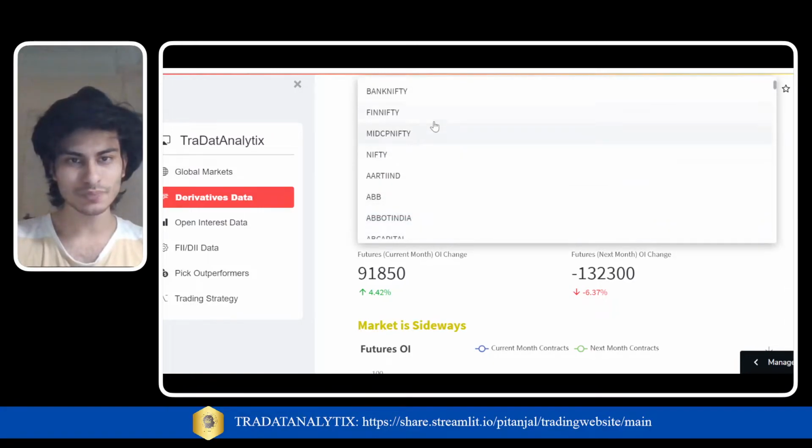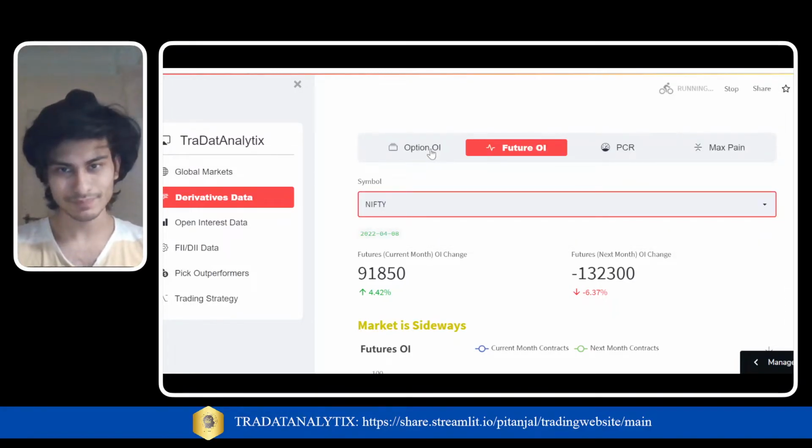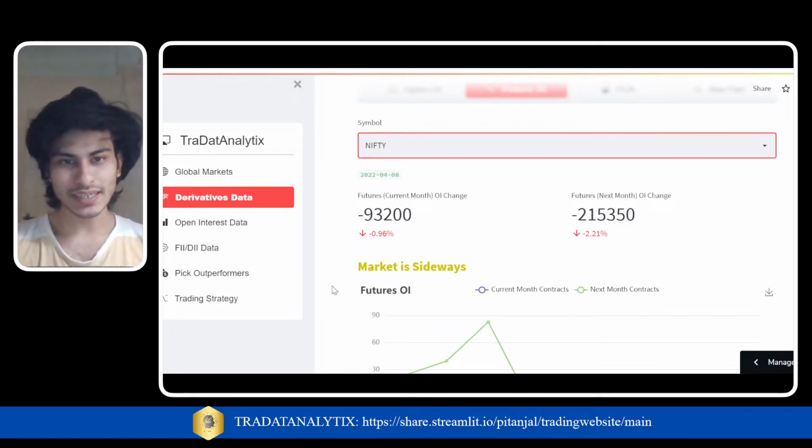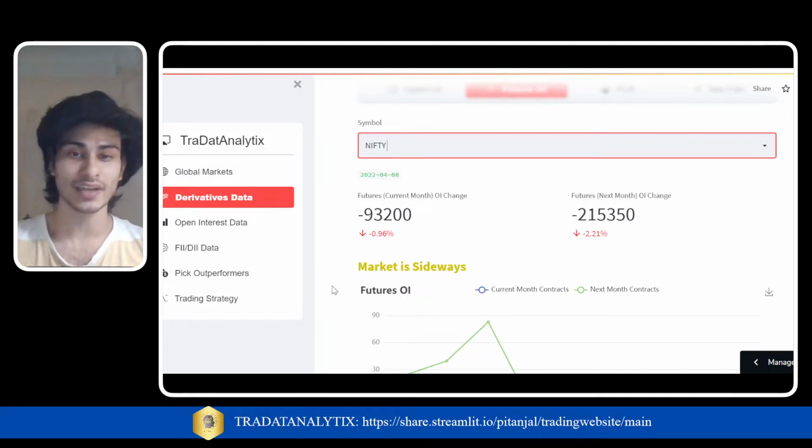Let's look into Nifty. We would be looking at the futures open interest in this particular section first. Yeah, so in Nifty, what happened yesterday, which is the 8th of April, is that the open interest declined and the markets went up.